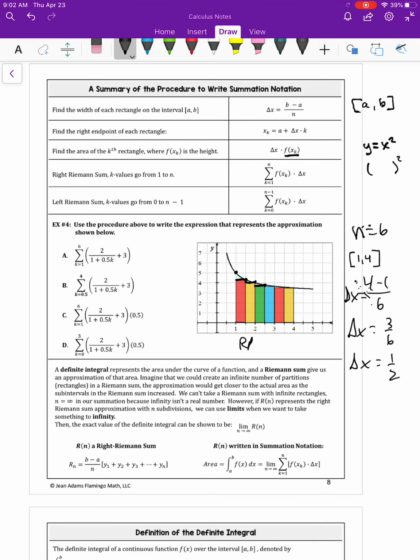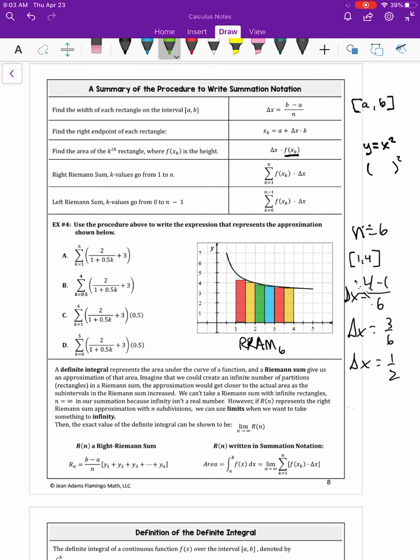And then notice that they are using the right hand. Because look, for each one of these, this would be my L, this would be my R for that rectangle. So they're using right hand. This would be my L, this would be my R. They're using right hand. There's my L, my R. They're using right hand. So this is a right Riemann sum.